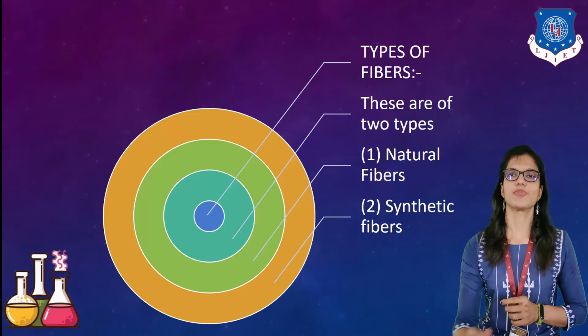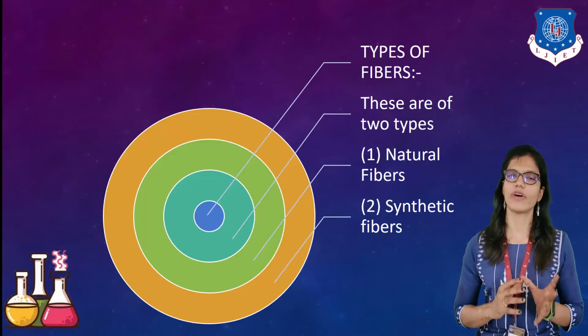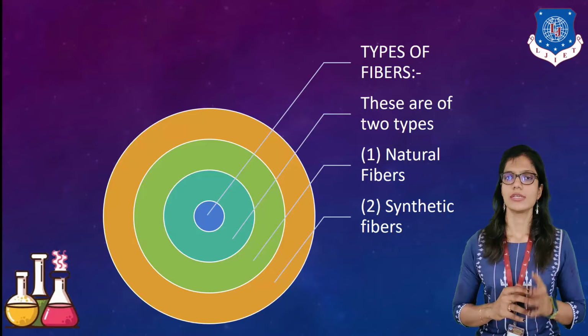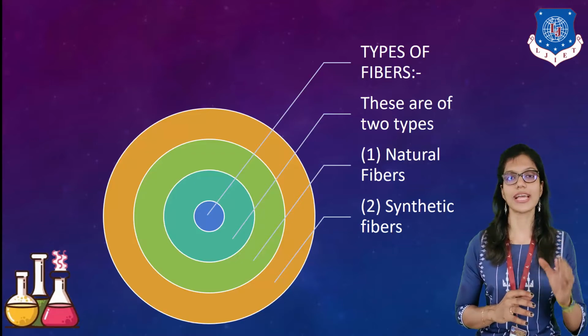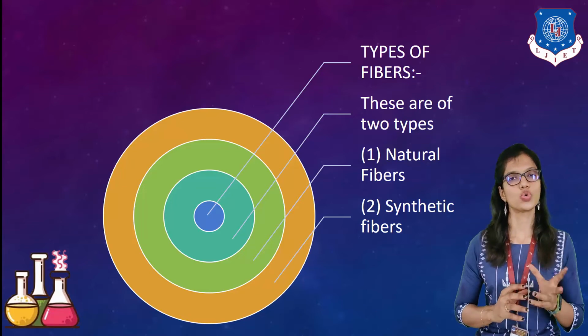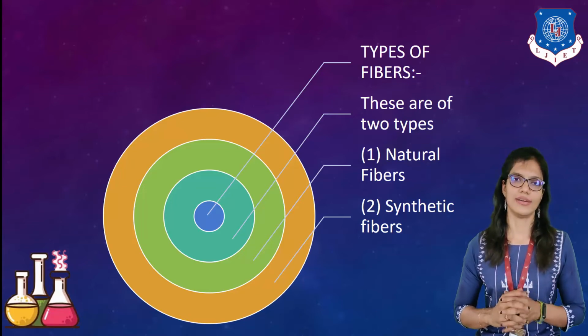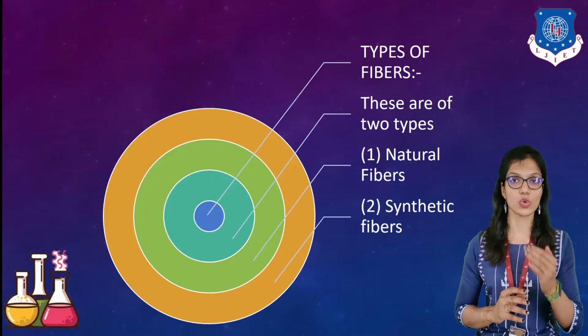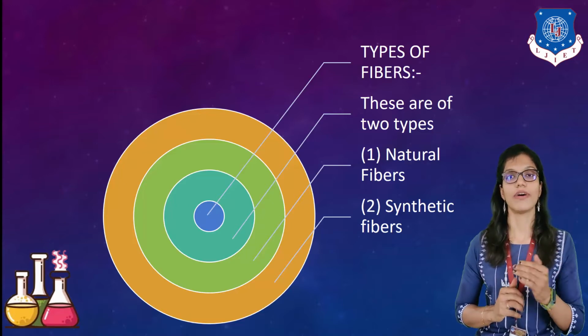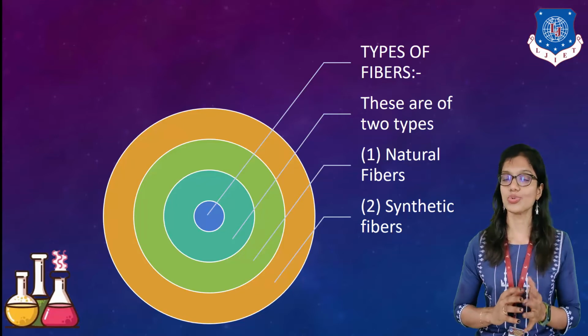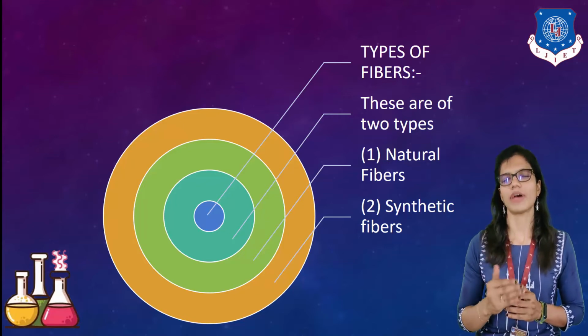Now, our next point is types of fibers. Which are the types of fibers actually? Two types of fibers are there, depending upon the source again. Number 1, natural fiber. Number 2, synthetic fiber.